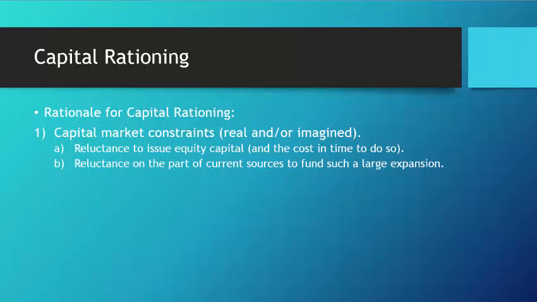In other words, I'm going to leave myself a little room so I can still get a little bit of extra capital if I need it, if a really good project shows up. That's another reason why we may have capital rationing, and it's really capital market driven.